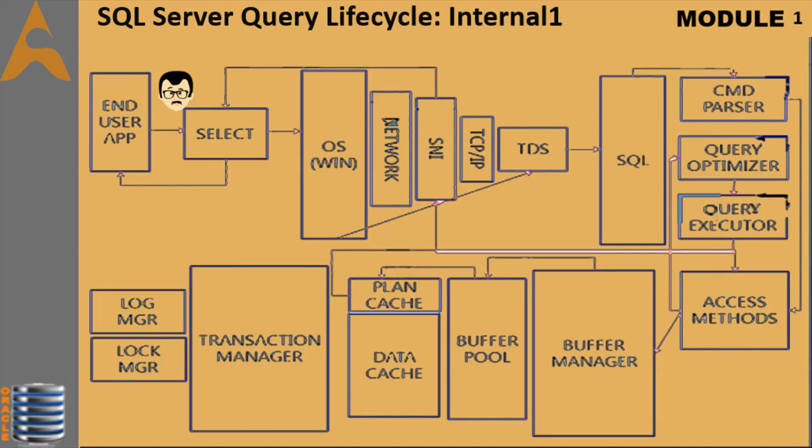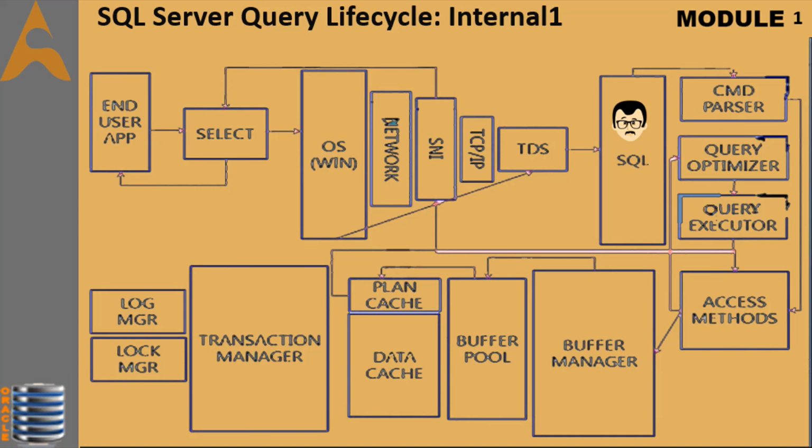The command will then be encapsulated in some sort of package and routed through some layers until it reaches the SQL Server. It reaches the operating system, the Windows Server, passes through the network firewall and the SQL Server network interface using TCP/IP. So it will finally reach SQL Server, which uses TDS, Tabular Data Stream, a protocol that interacts with the database server.